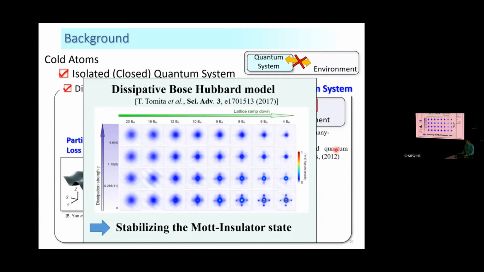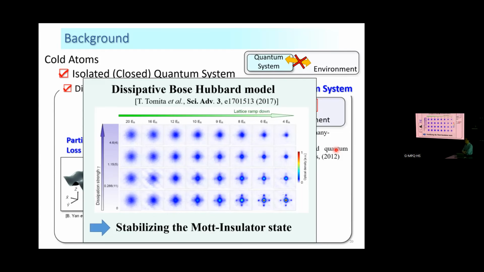Yes, we observe the atom loss. We also calculated the atom loss behavior theoretically and compared with our experiment, and we find agreement between theory and experiment, including the atom loss behavior. Our observation is consistent with the theoretical interpretation.